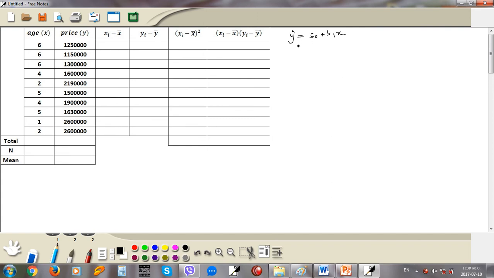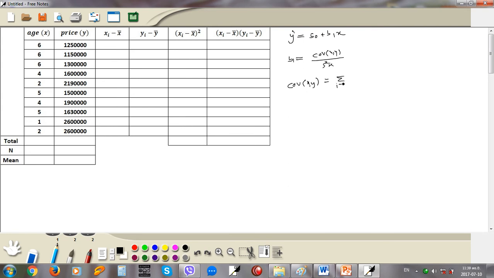To find those, we can find b1 from this equation: covariance of xy divided by the variance of x, right?